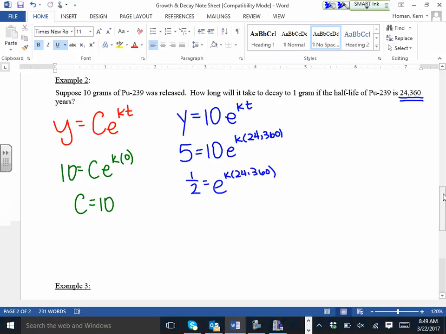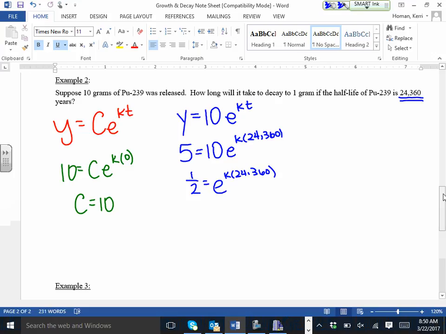Would we need to know the initial amount if we are given information about half-life? Not necessarily, because if this is the amount of time for the half-life, then when we take Y divided by C, it's going to be 1/2. It doesn't matter what the amount is, okay?